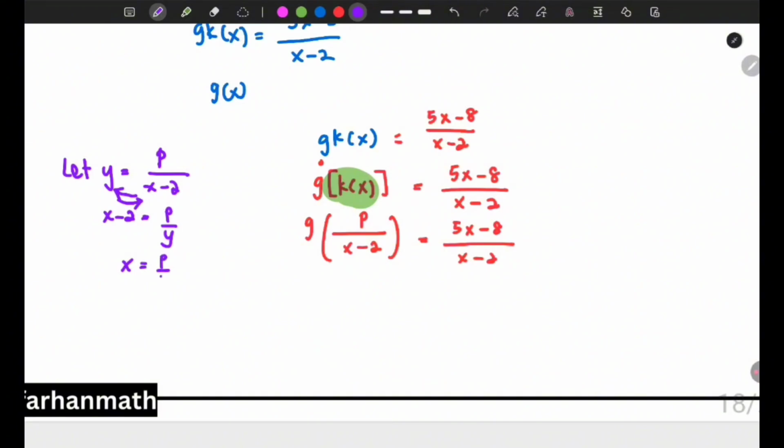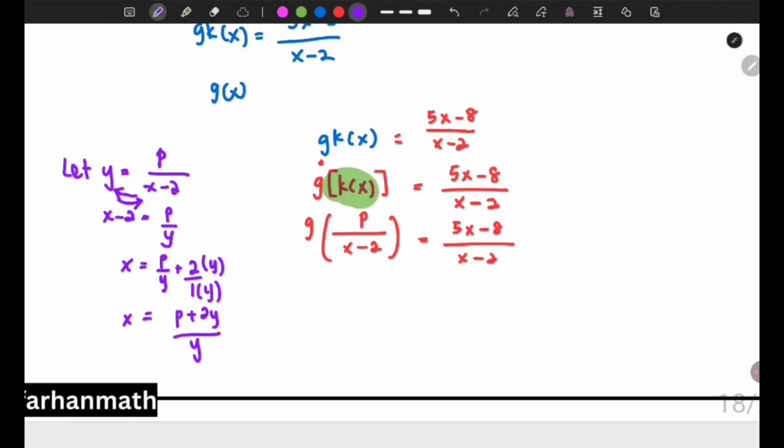So p over y minus 2, bring here plus 2. You want to make it into a single fraction, so times with y times with y. So you can actually put p plus 2y over y. Also can. So you have already started with single y and with single x.